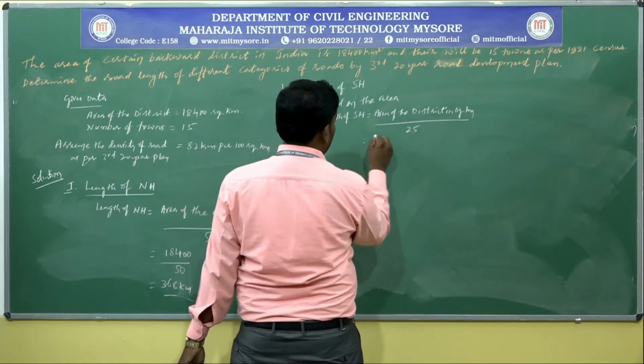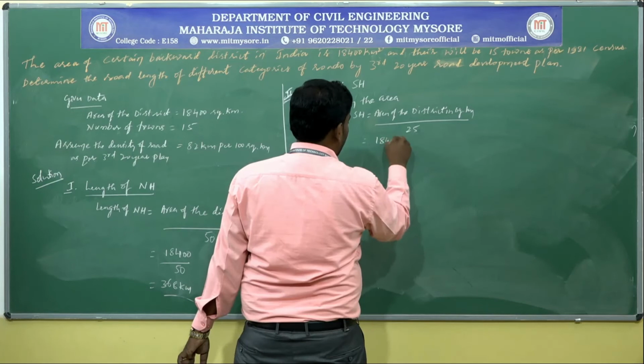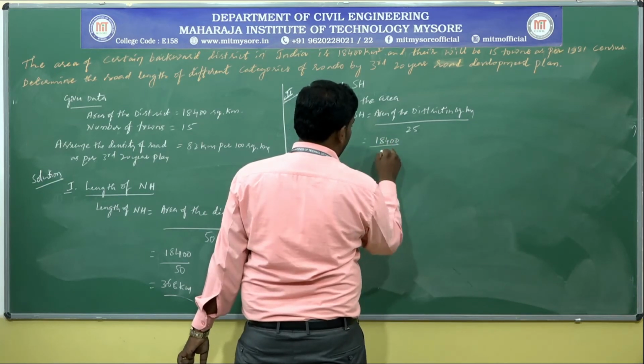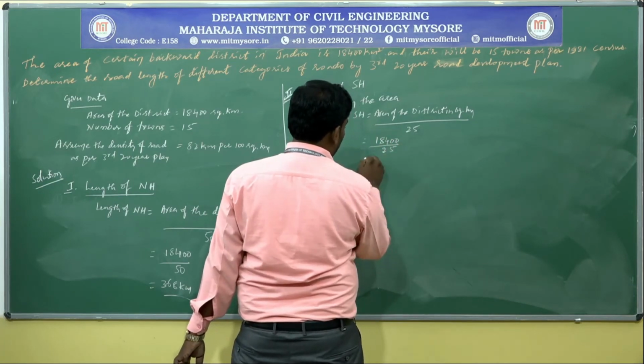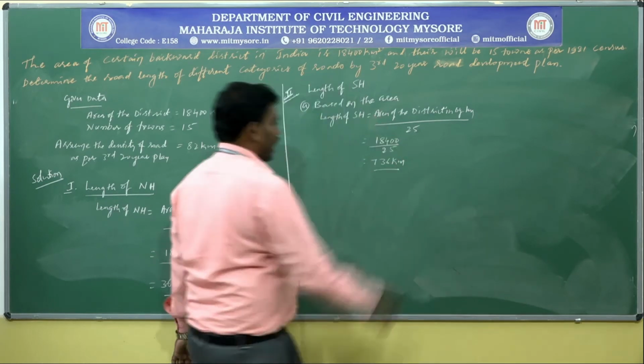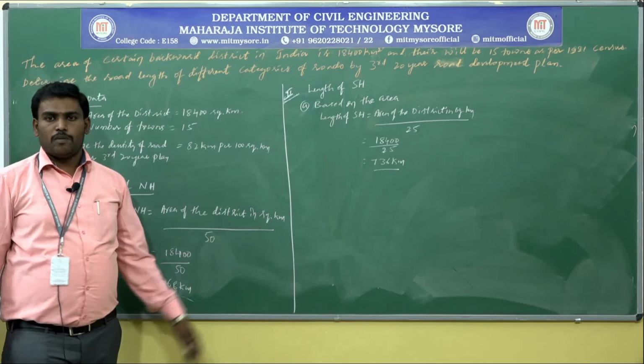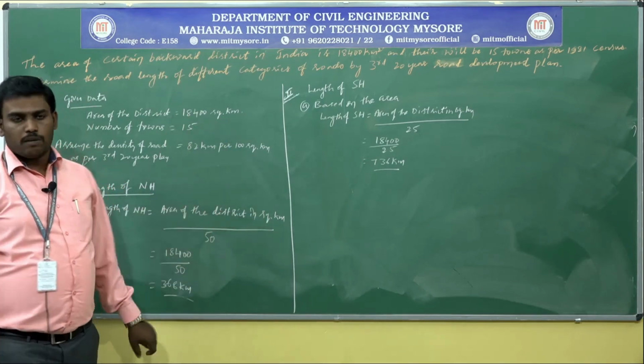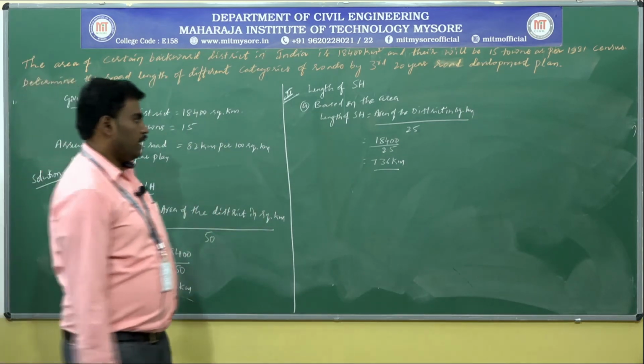So 18,400 divided by 25 gives about 736 kilometer.